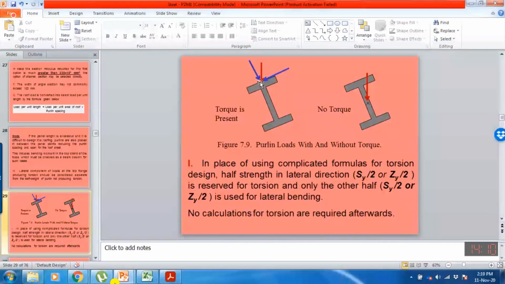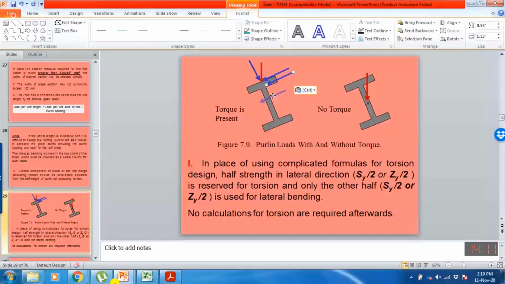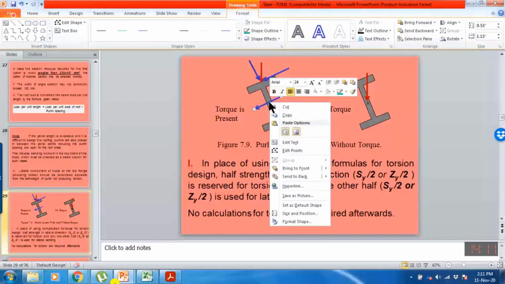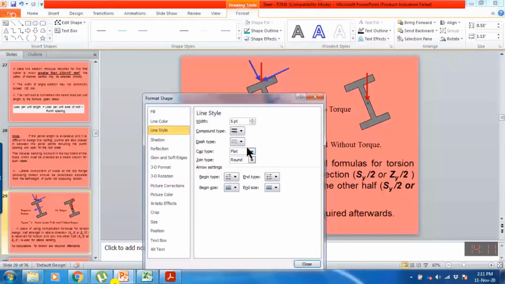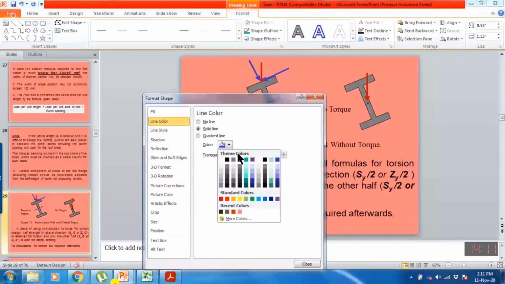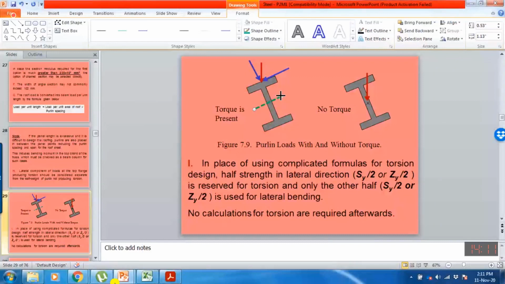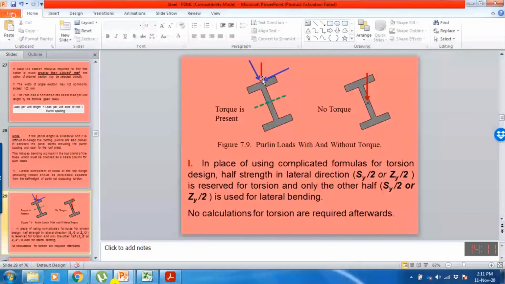If this is the centroidal axis, I may assume, all the load acting on the top part, which is the snow load and dead load, is applied because the roof sheeting is connected on the top panel.